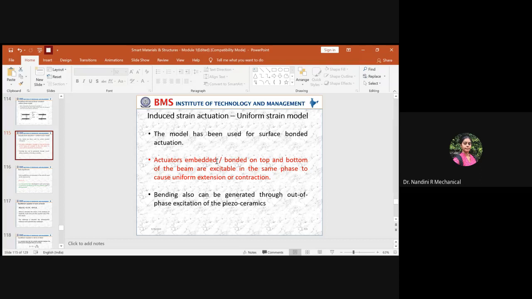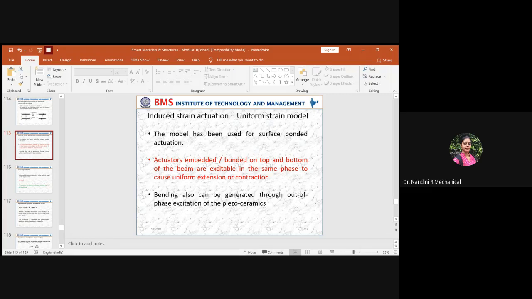You had an extra bonding layer both at the top and the bottom. Due to the bonding layer, you should focus on the bending also, which comes across the piezo patches, and hence you will show the equilibrium condition for the strain across the rod as well as for the bending.